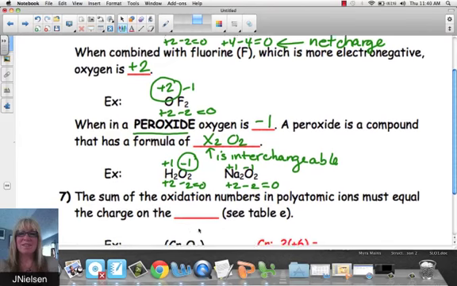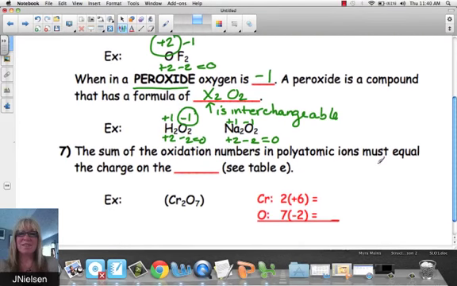The sum of the oxidation numbers in a polyatomic ion must equal the charge on the ion. So you go to table E and you find chromate, and you'll see that it has a -2 charge. Since this is an ion, when we do the net charge, it's not going to equal 0, it will equal -2. So if I look up oxygen, oxygen's -2 times 7 is -14.